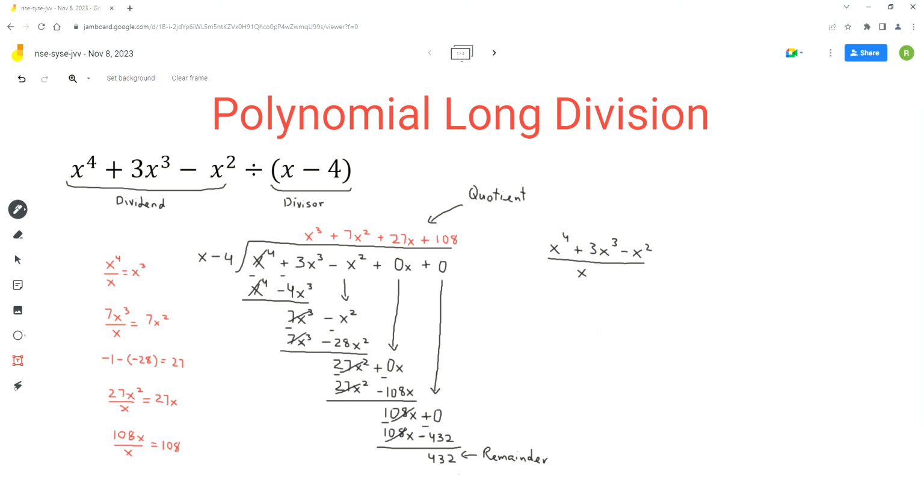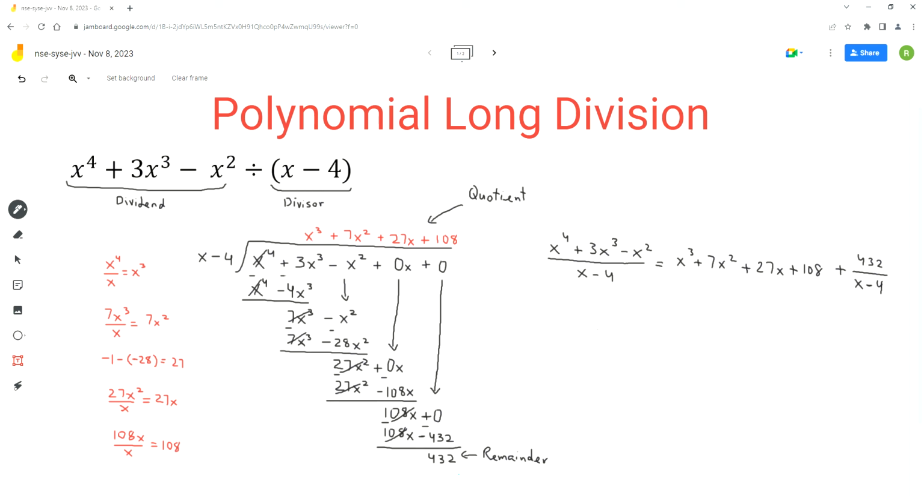And then over divisor equals, so now we'll write the quotient, which is x cubed plus and then plus the remainder 432 over the divisor, which is x minus 4.